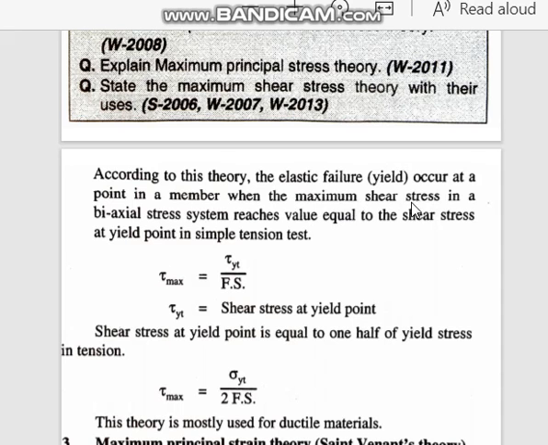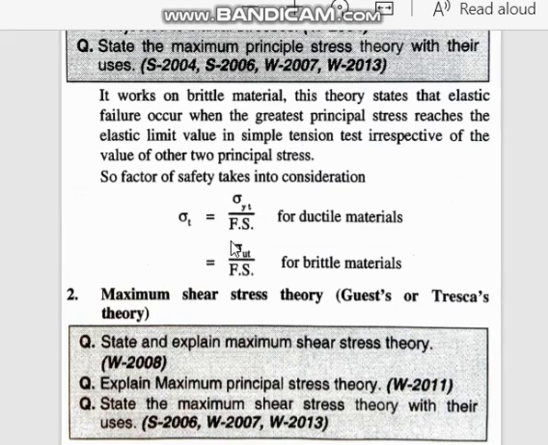So when this maximum shear stress produced in a component, member or element, whatever you say, reaches the value equal to the shear stress at yield point, then this component fails.